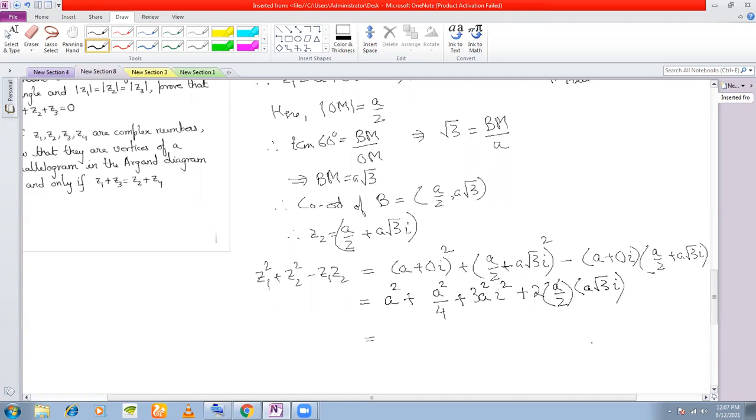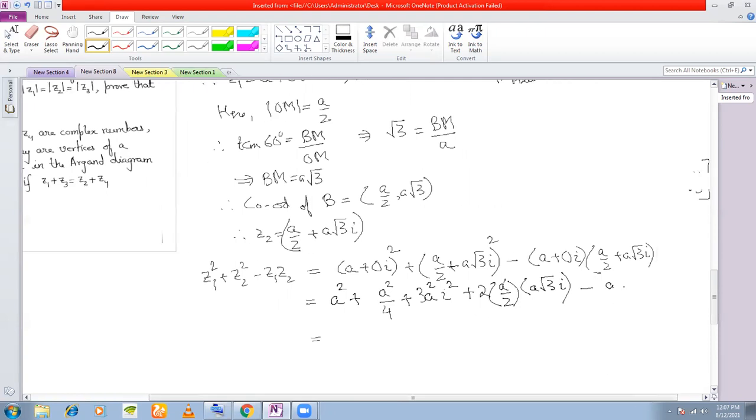Okay, and minus a times a by 2 plus a root 3i. So you get here, if you take the LCM, 5a square by 4. And if you put i square is equal to minus 1, you get minus 3a square. And here this 2 cancels. So you get a square root 3i. And here you get minus a square by 2 minus a square root 3i. So this and this, they cancel.